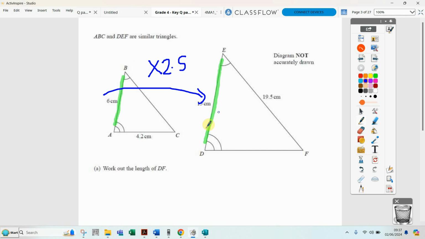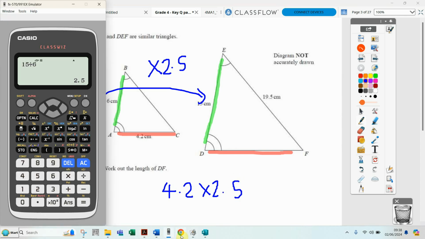Okay. So then work out the length of DF. DF is at the bottom of the triangle, so it matches with this one. So we're going to do 4.2 times 2.5. Okay, and that gives 10.5.